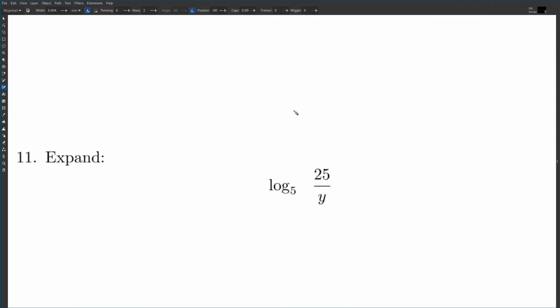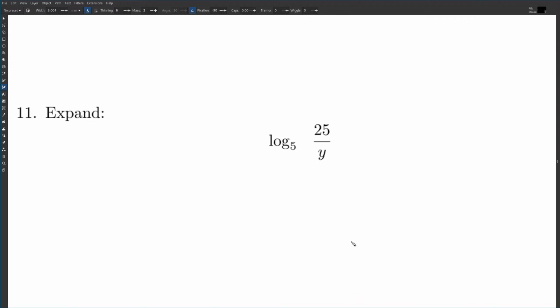Okay, next one, expand log base 5 of 25 divided by y. Okay, and again, these division signs, which are called vinculums, by the way, mean division, subtraction.